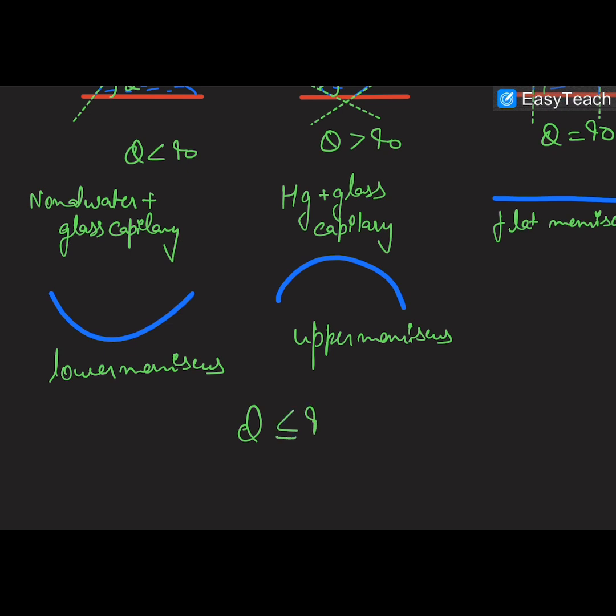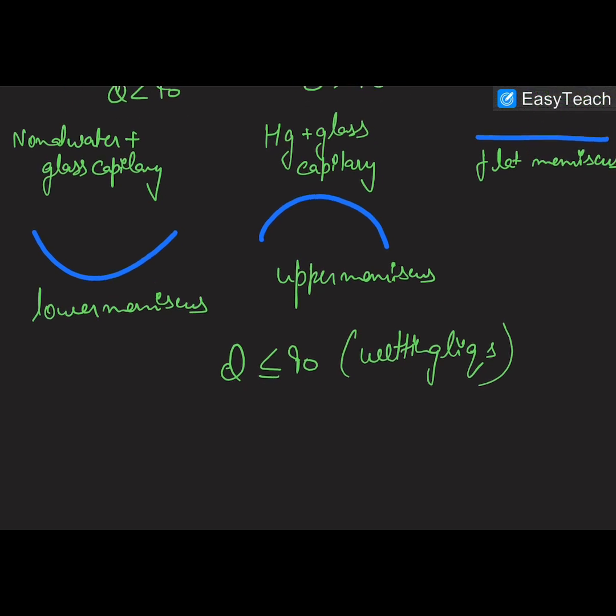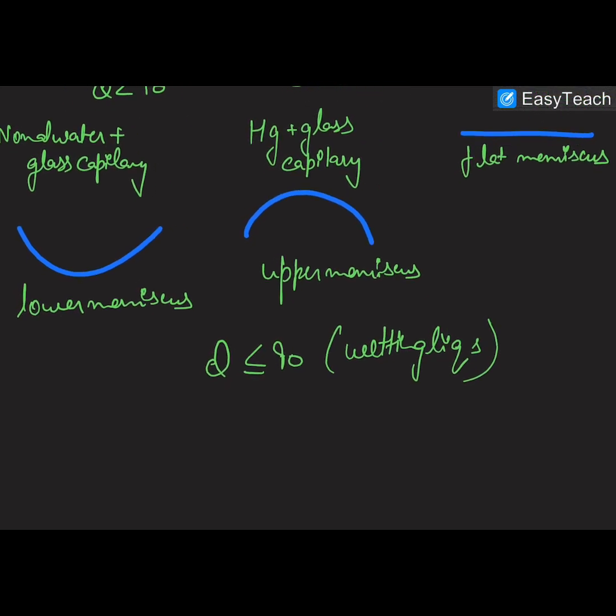than or equal to 90, then it is called a wetting liquid, which means that these liquids give a wetting sensation when we touch them. And this is due to the fact that in these kinds of liquids, cohesive force is weaker and the adhesive force applied by our skin molecules on the liquid molecules is greater than the cohesive force applied by the liquid molecules on the other molecules.